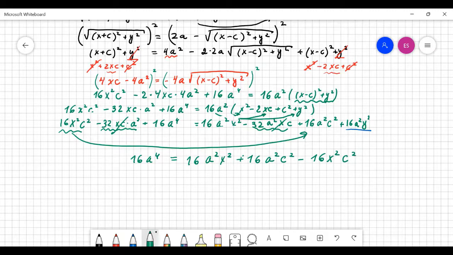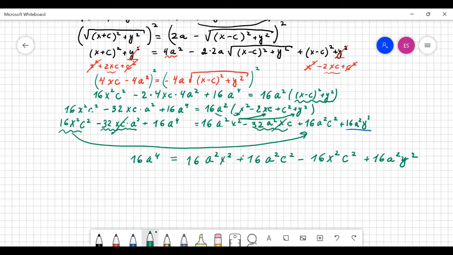It looks like all of them are having something in common, but not everything in common. And the last term is 16a squared y squared. So I did copy this term, 16a squared c squared. I did copy this a squared x squared. And I did copy this one with minus.